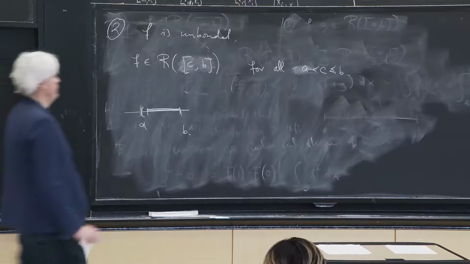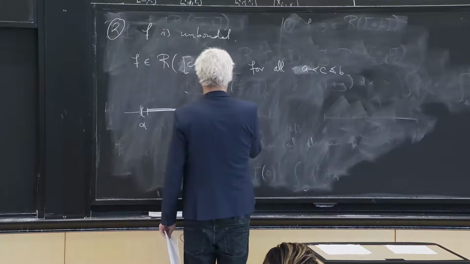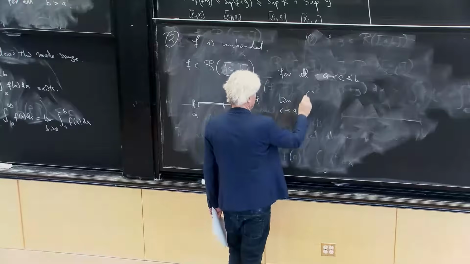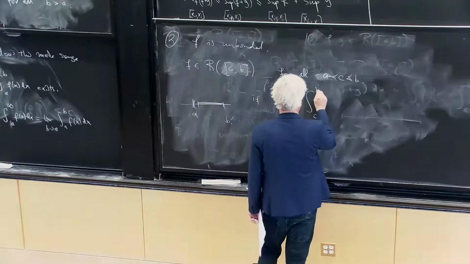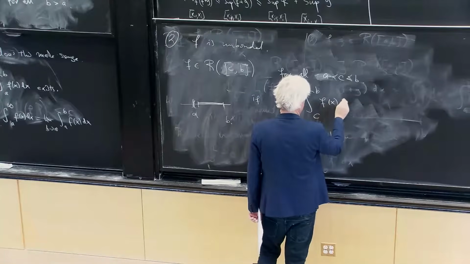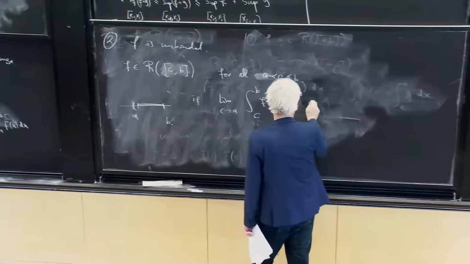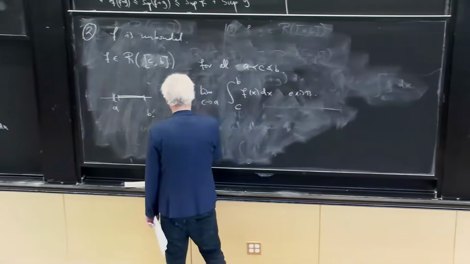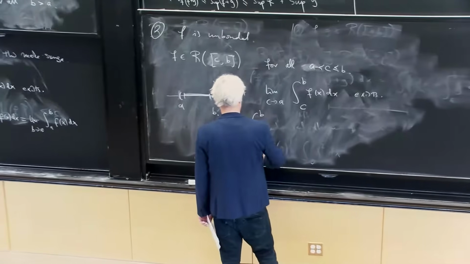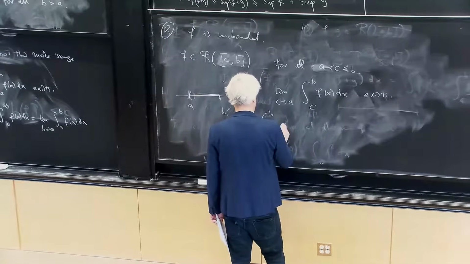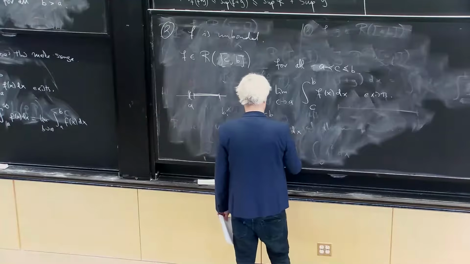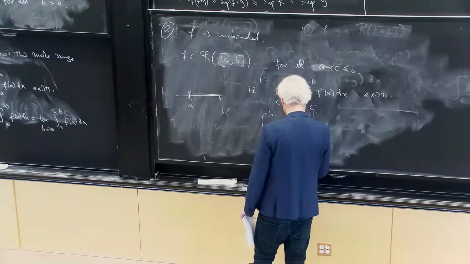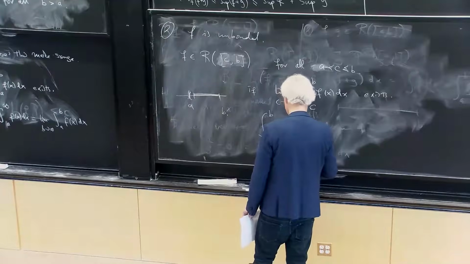And so if this limit, as c goes to a, of the integral from c to b of f of x dx exists, then we say that this improper integral from a to b of f of x dx exists. It is an improper integral because the function is not bounded on this whole interval. It's not even defined at a.